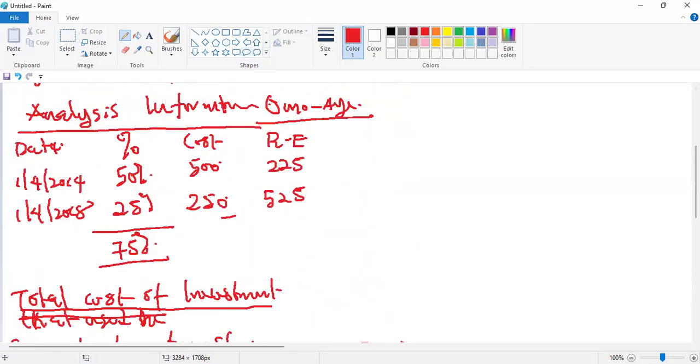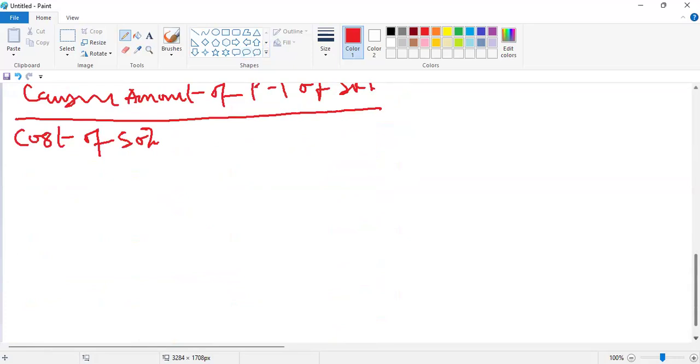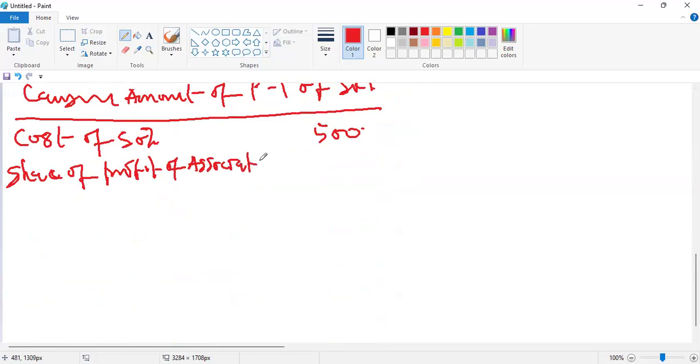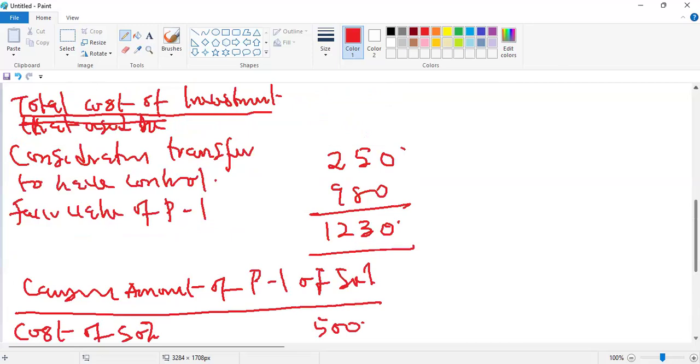500 for the 50%. Share of profits. Share of profit of associate, from the day you become an associate until the day you become a subsidiary. That's why they are giving me retained earnings. You must know in the exam, students need to get that logic.